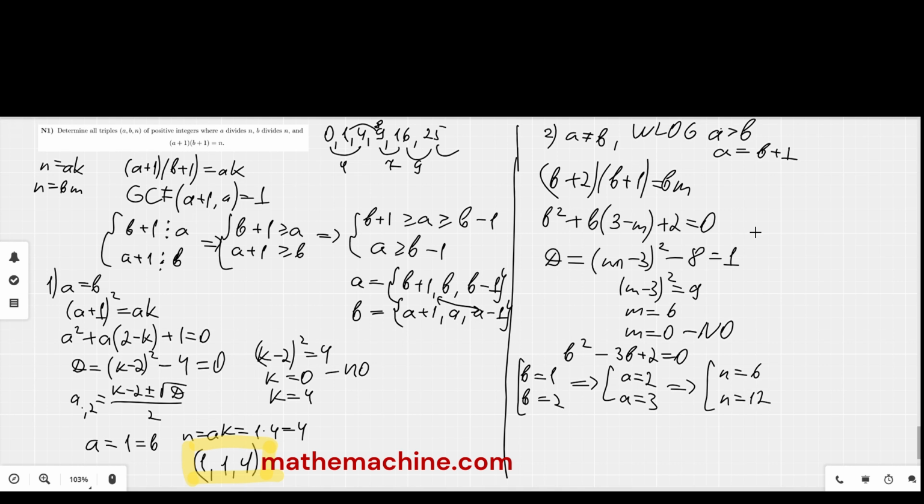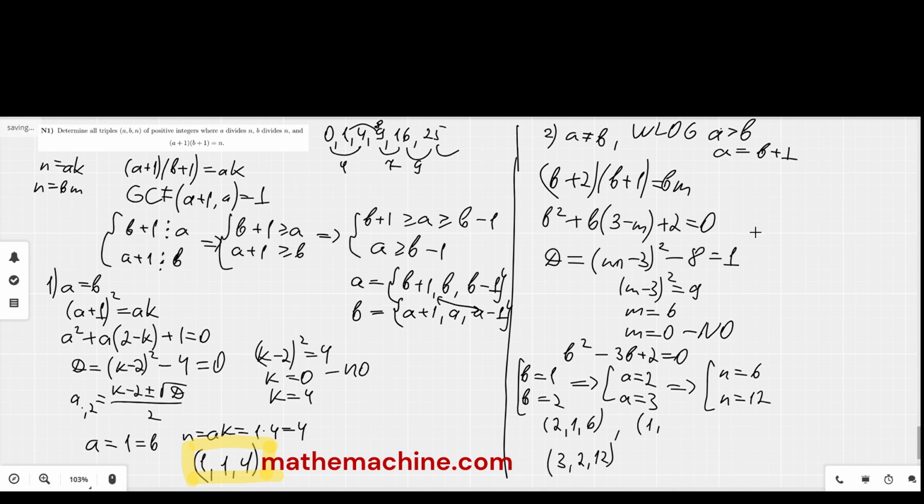And let us check. 6 is divisible by 1 and by 2, yes, and 12 is divisible by 2 and by 3. So let us write our triplets. We start with a: it gives us 2, 1, 6, and the other one is 3, 2, 12. And of course, since I told you about the symmetry between a and b, the permutations also work.